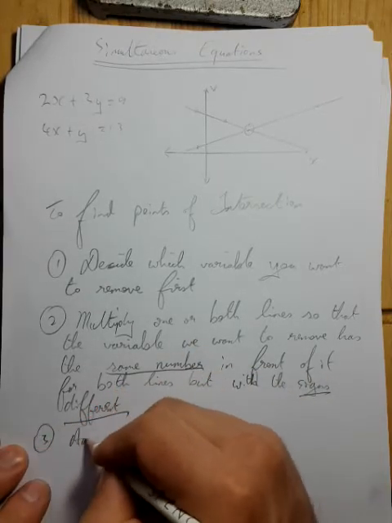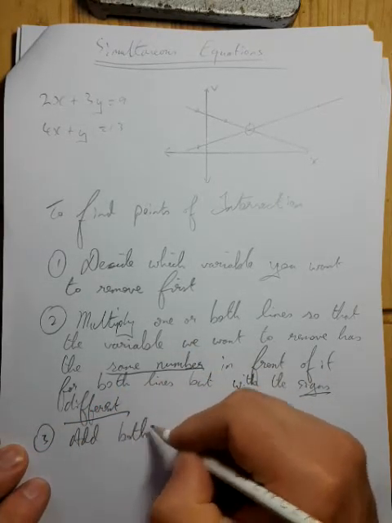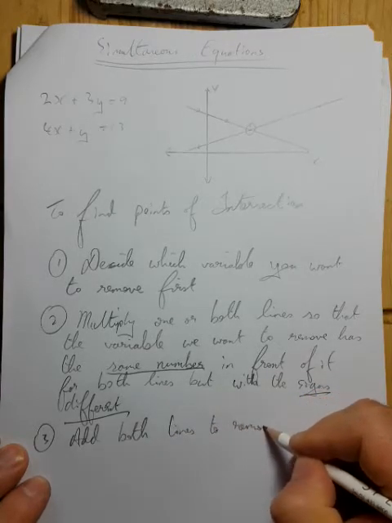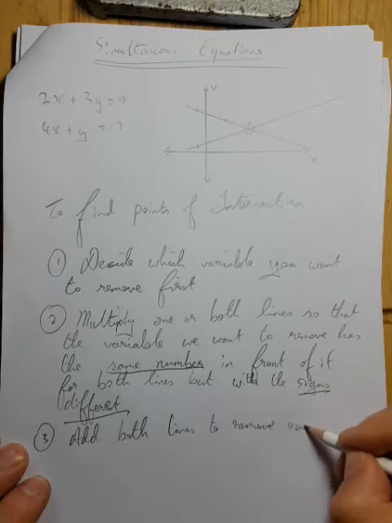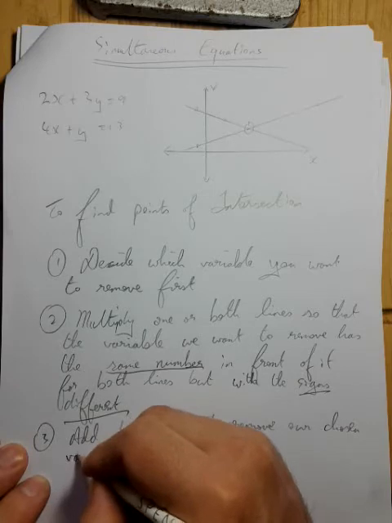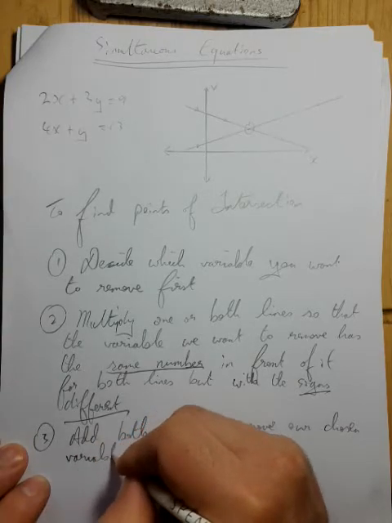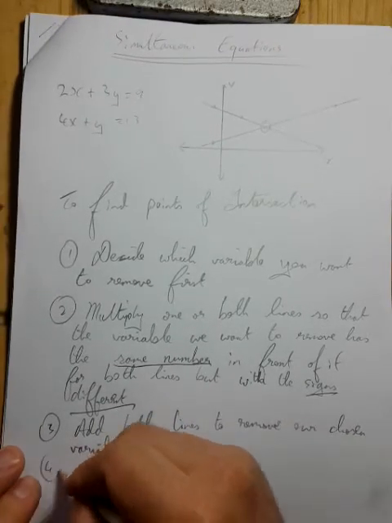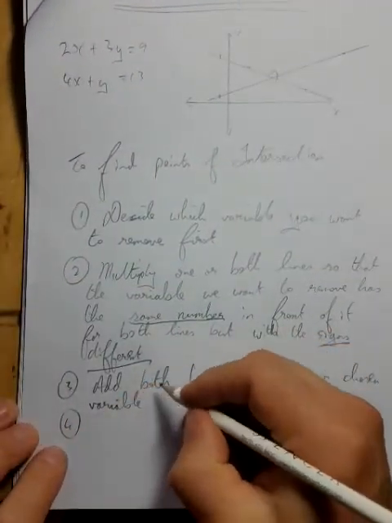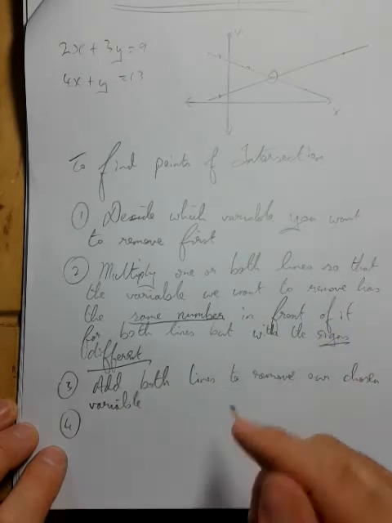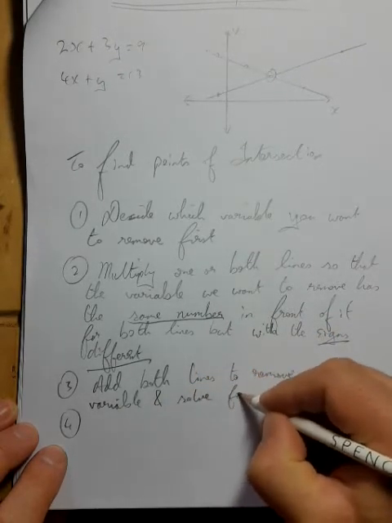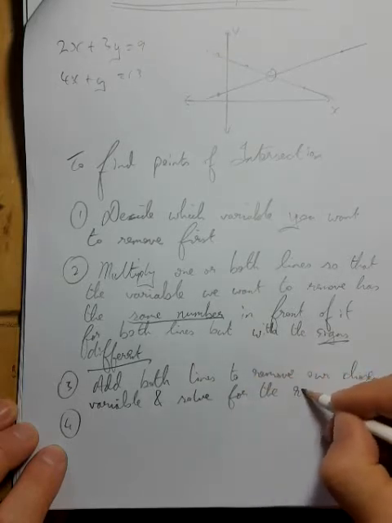Step 3, add both lines to remove our chosen variable and solve for the remaining variable.